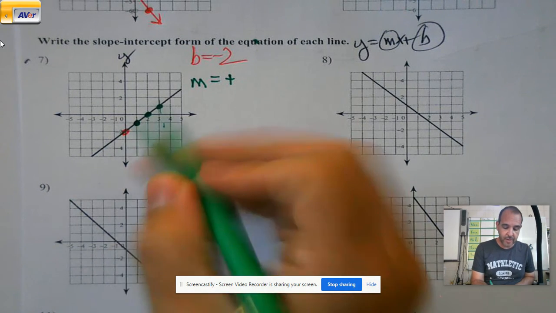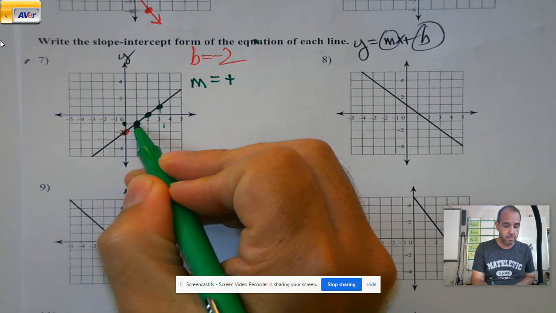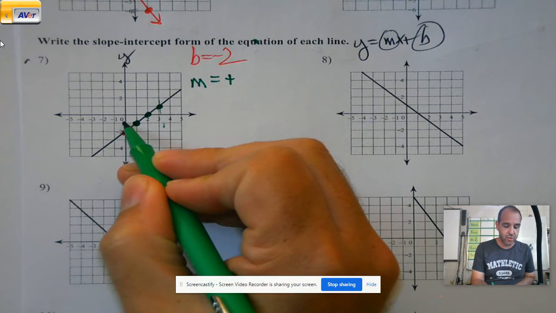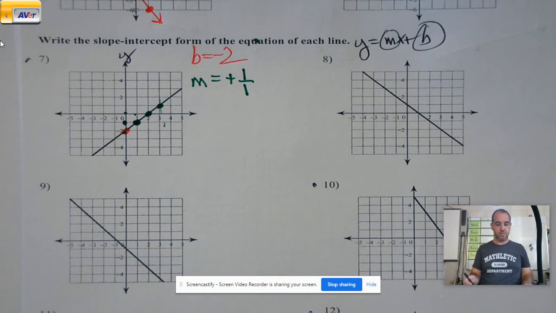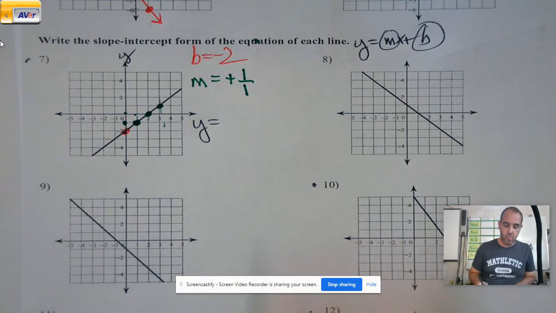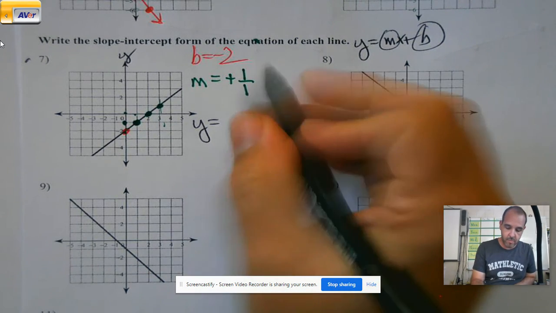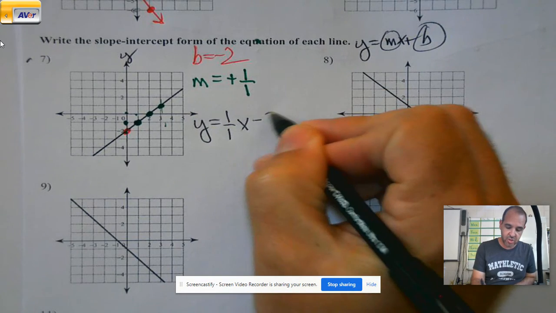So I can count between any of these two, and I say, hey, I went up 1 and I went right 1. Or I went up 2 and I went right 2. And I write that down. And so once I have that, now I can make my equation. y is my m, 1/1, x minus 2.